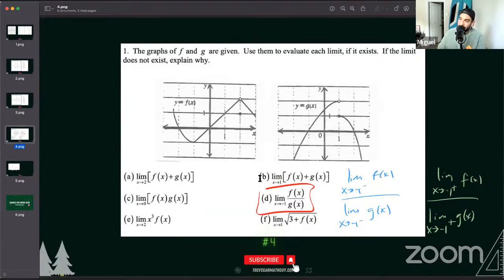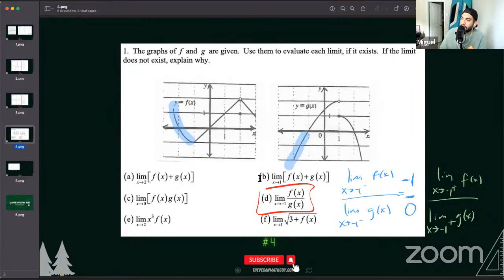Our function, if we're looking to the left of -1, looks like it approaches -1. So back to our problem, I have -1 divided by, and now let's observe what happens as x approaches -1 from the left for g of x. Ooh, it's 0.